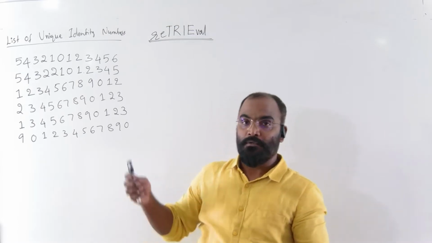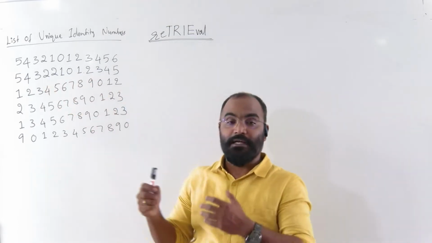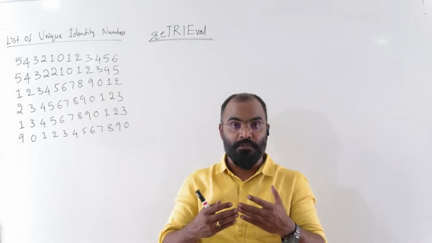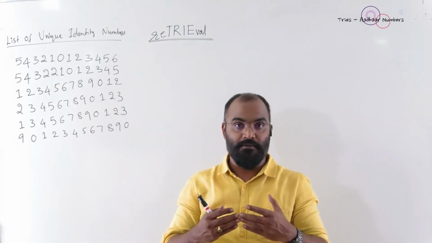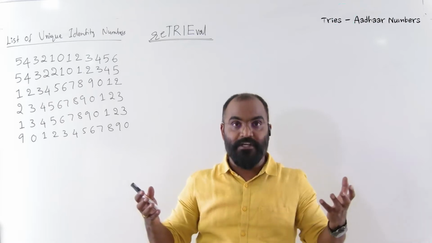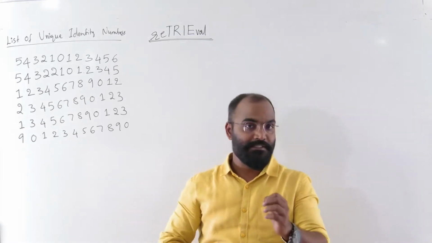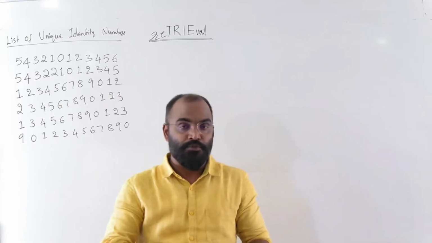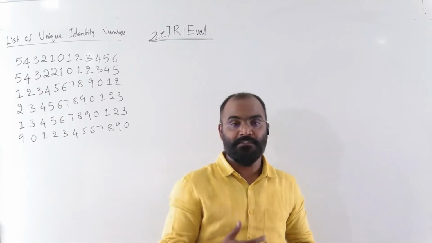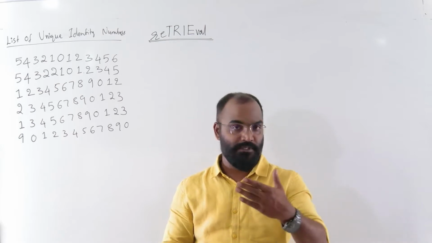Let us take this 12-digit number and see how you can store it in a TRIE data structure and then retrieve the information as and when you require it. You go to a government registration center and give your Aadhaar number.